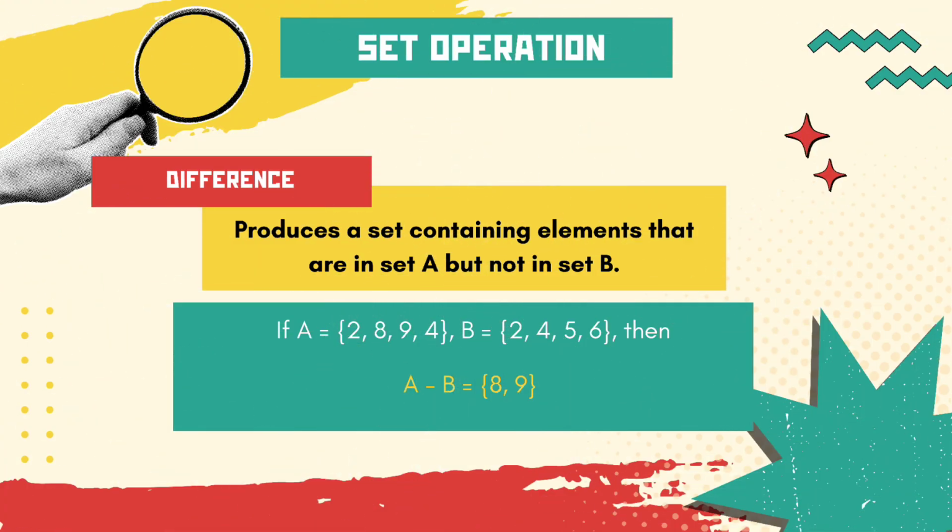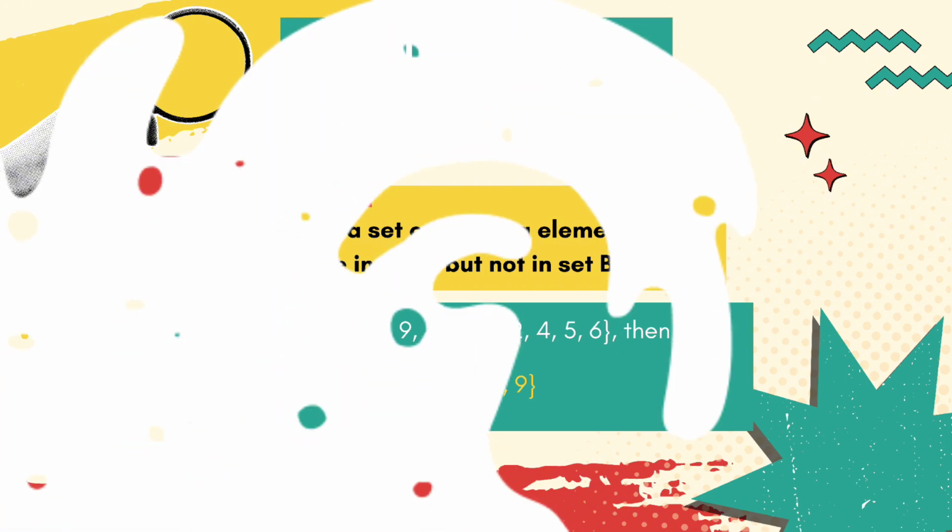The third is difference. Difference produces a set containing elements that are in set A but not in set B. For example, if A is a set with elements 2, 8, 9, and 4, and B is a set with elements 2, 4, 5, and 6, then A minus B is 8 and 9.